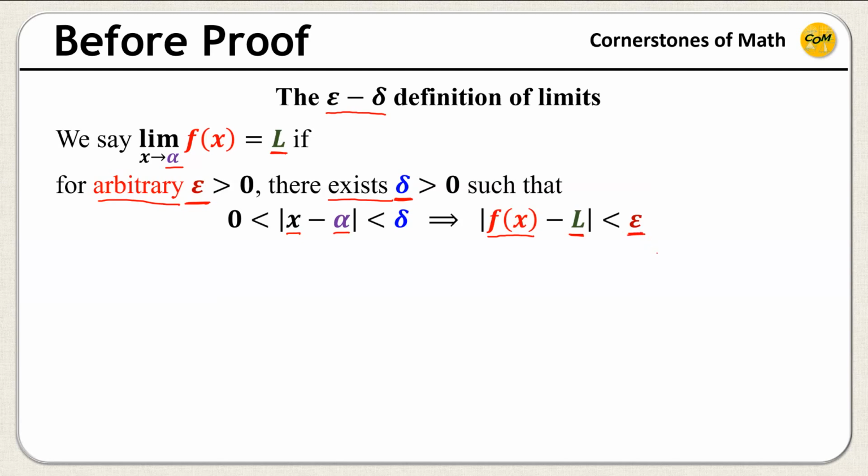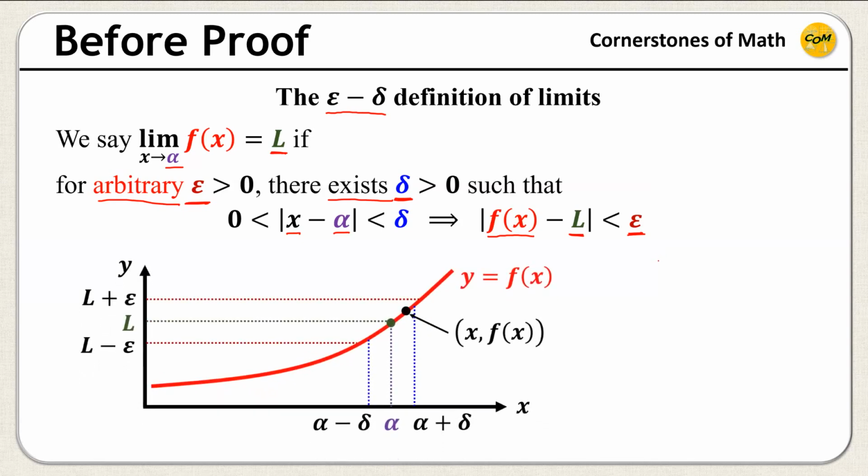For those of you who haven't learned this college level limit definition yet, this seems all very complicated, but it is actually not that difficult to understand. I'd like to emphasize again that this epsilon, which corresponds to this distance in the figure, is an arbitrary positive number, so we can make this epsilon be whatever small number that we want.